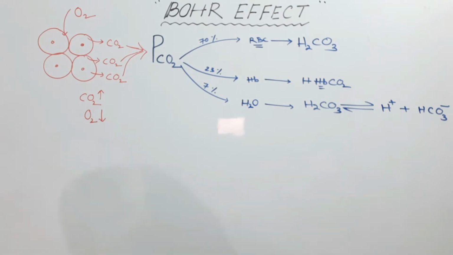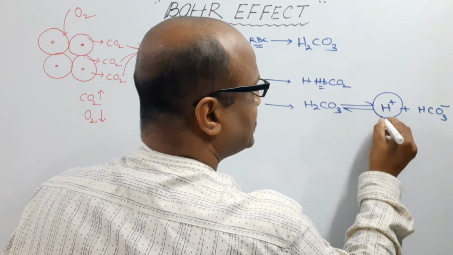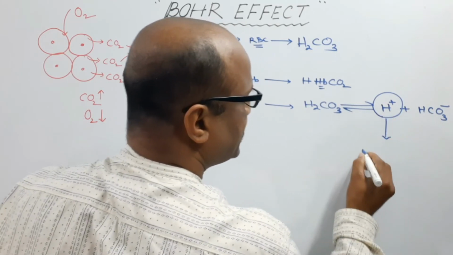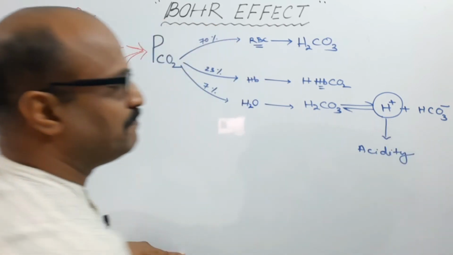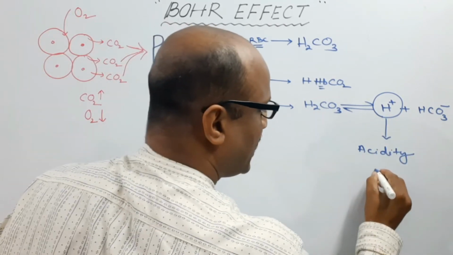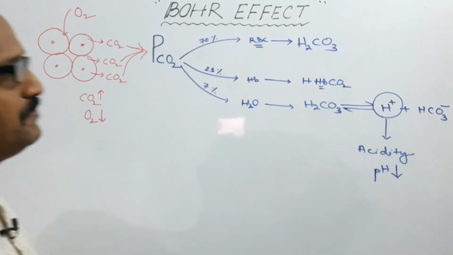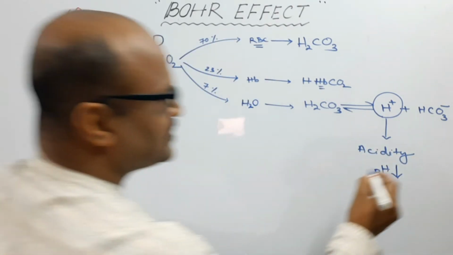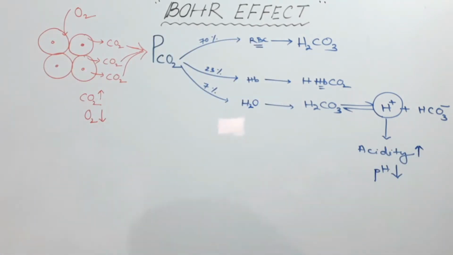Okay, and this H plus ion increases the acidity of the blood. It means it decreases the pH. pH decrease means acidity increases, suppose in the blood.